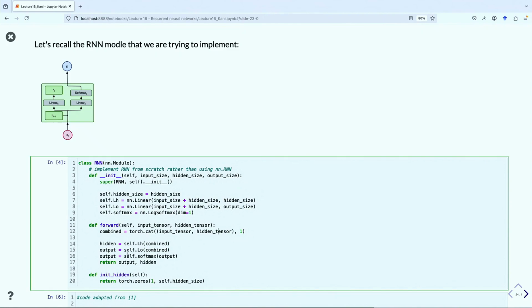The output is simply equal to this linear layer on the combined, and that goes through the softmax, and then you return the output and hidden values. And then we also need to have a different function to initialize the hidden layer here. Okay?